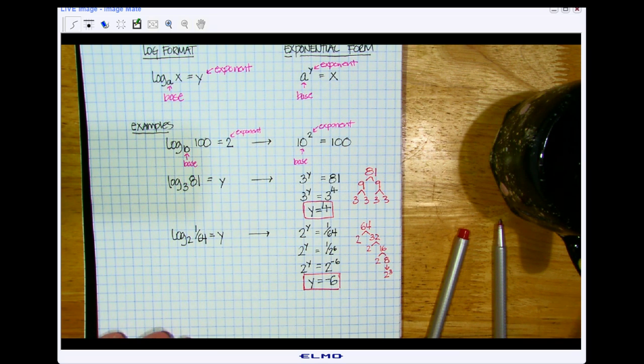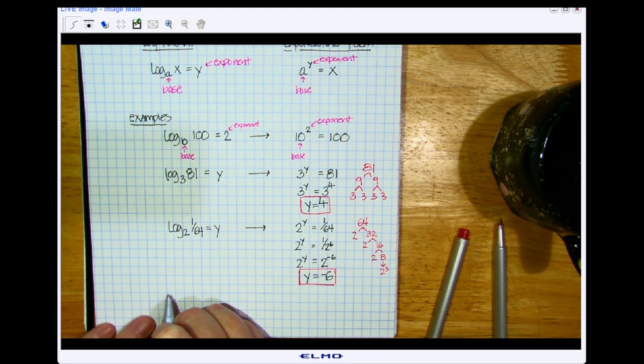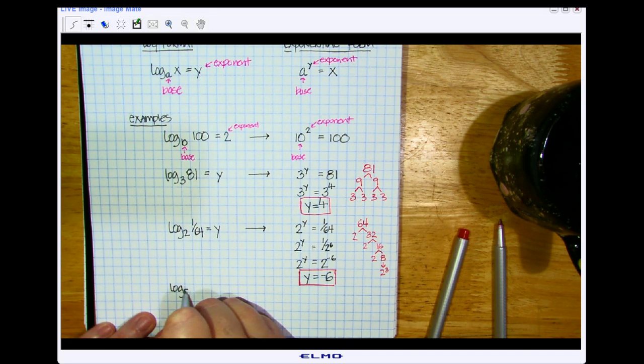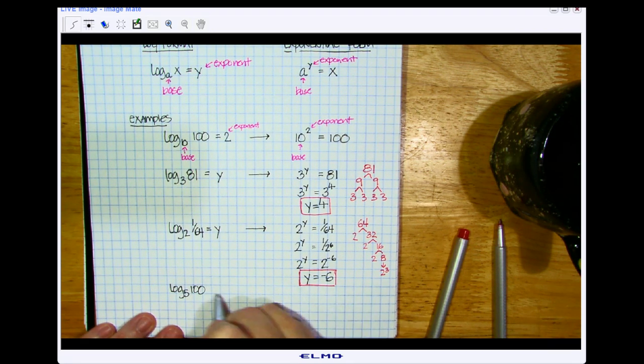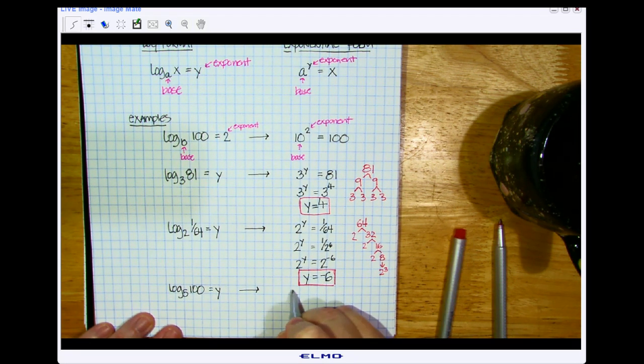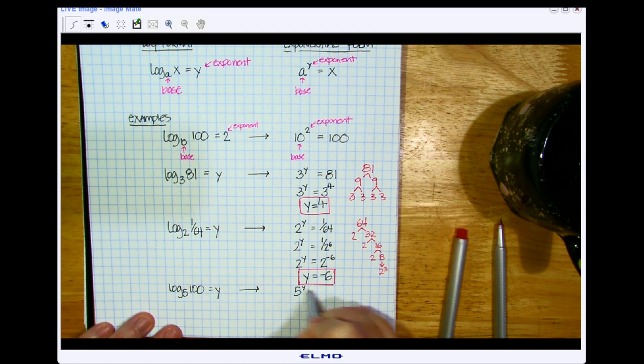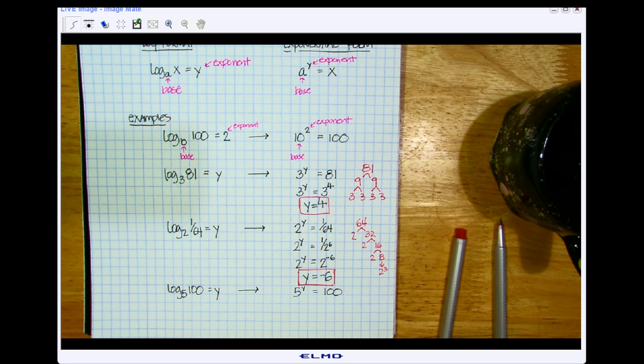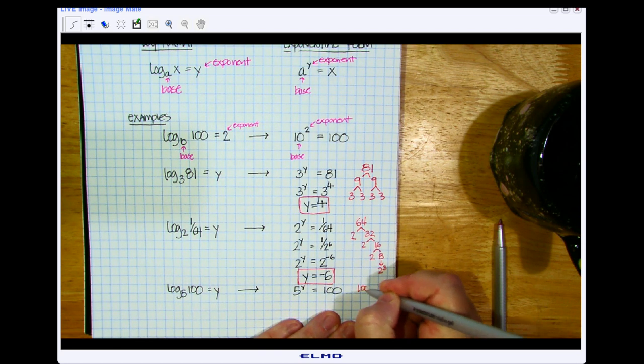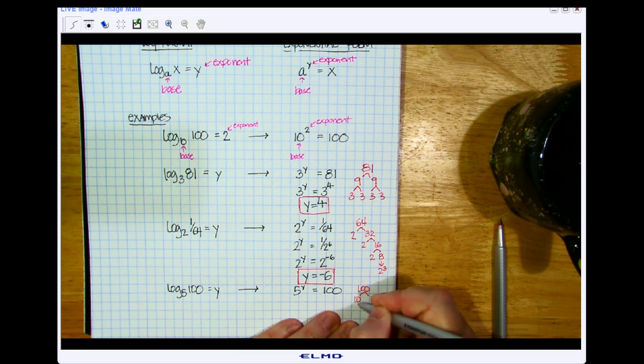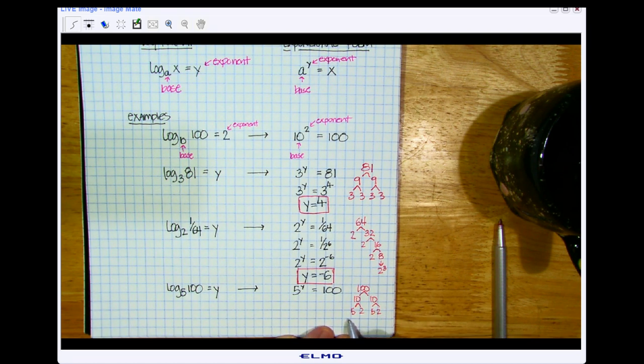Okay. Alrighty, then let's try log base 5 of 100 is equal to some value y. Then this is saying 5 to what power is equal to 100? If we do 100, that's 10 times 10, which is 5 and 2, 5 and 2. Here's my problem.